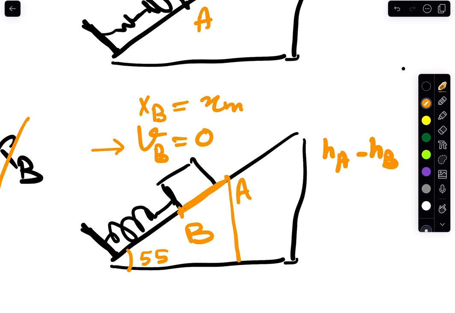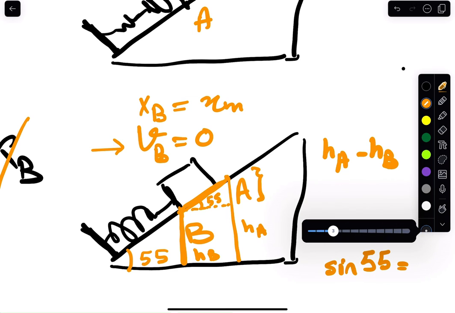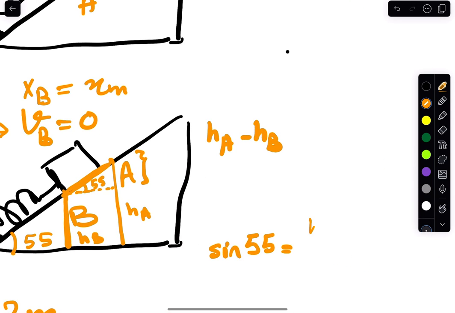If we subtract these two heights, this is HA, this is HB, we get this quantity. And if the angle here is 55, sine 55 is gonna be equal to HA minus HB over the hypotenuse, which is none other but the distance covered, which is 0.2 meters. So I just found a numerical value for HA minus HB.